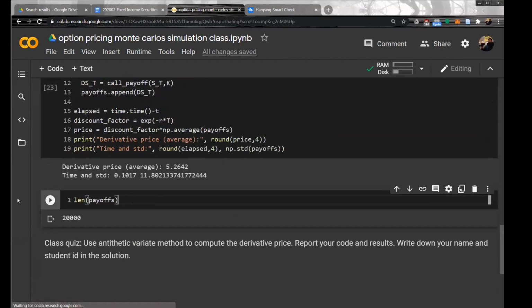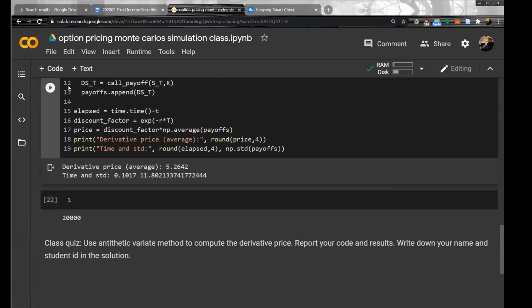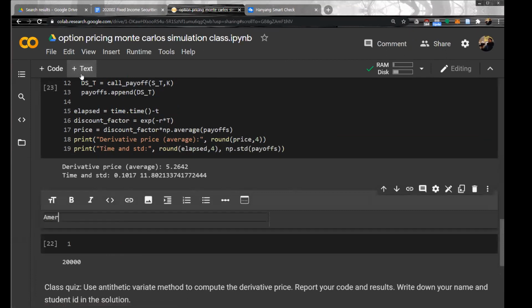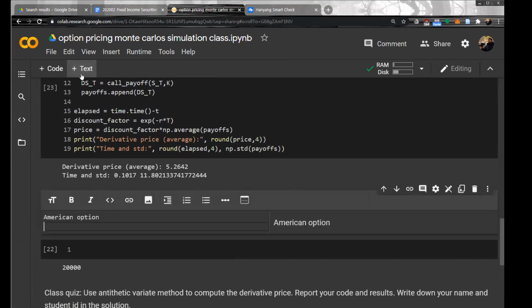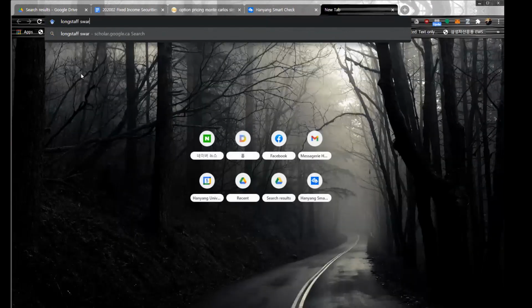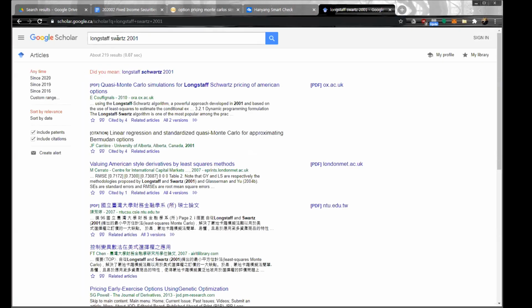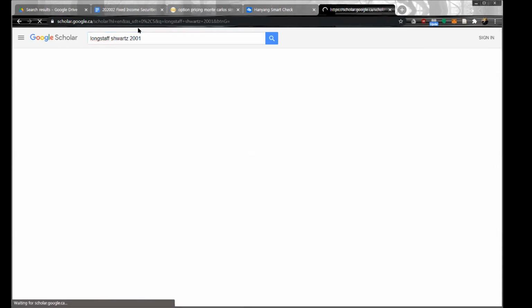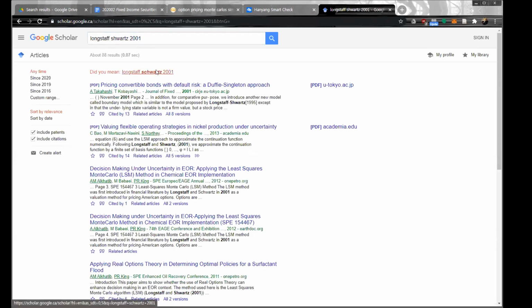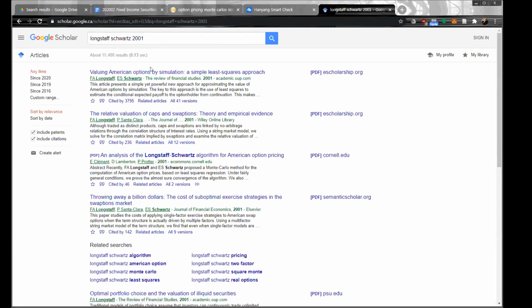So let me use American option. Let me type text. Now, American option. For the American option, I will use a method called Longstaff-Schwartz. This paper: Longstaff-Schwartz, 2001, The Review of Financial Studies, "Valuing American Options by Simulation: A Simple Least-Squares Approach."